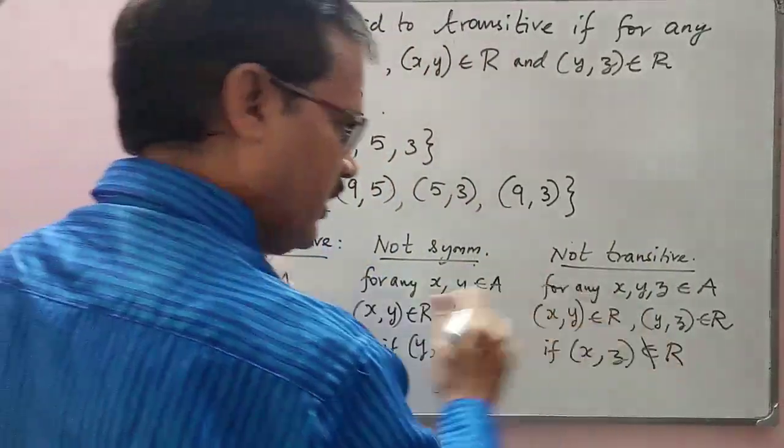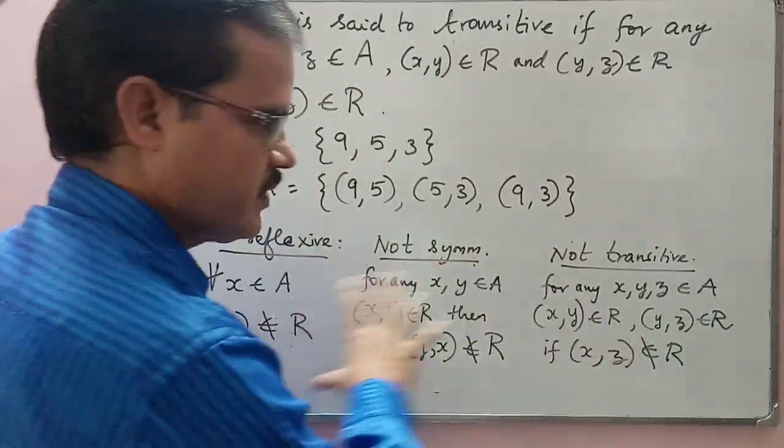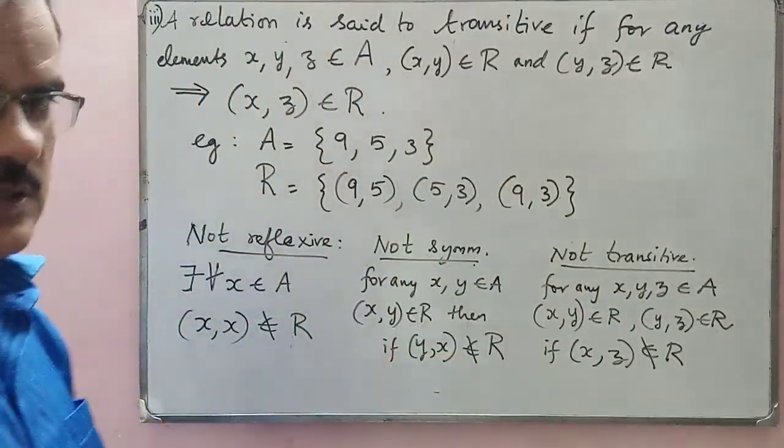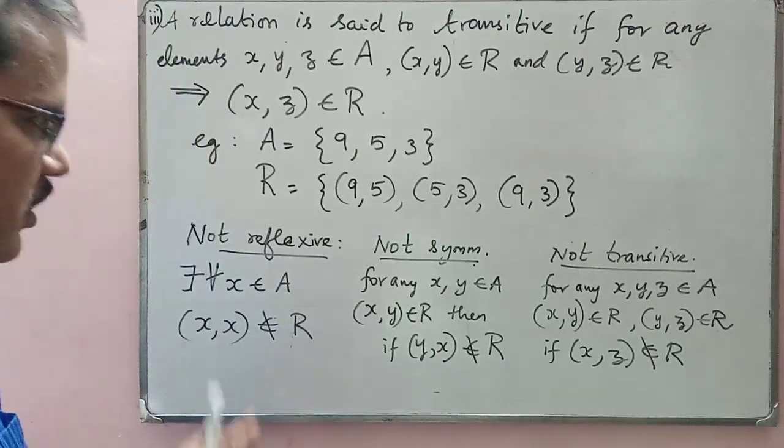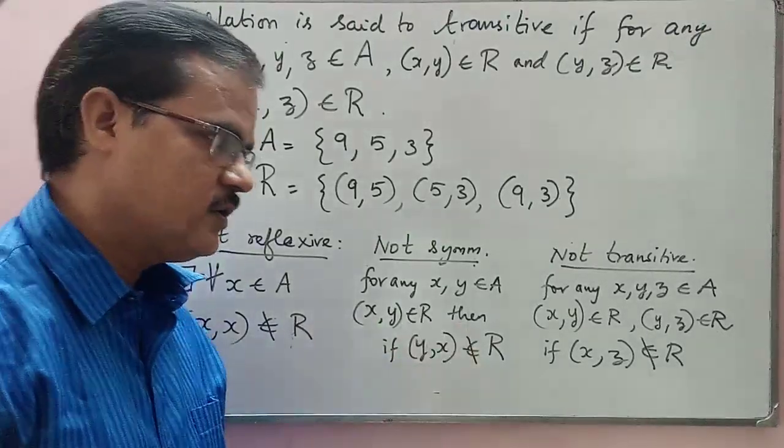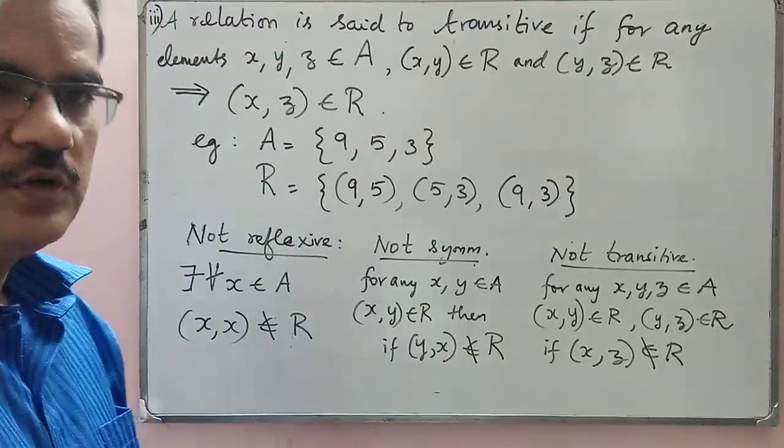This is the negative way of learning. Some students will understand in a negative way. That's why I showed this one. Okay. If you want to show not reflexive, not symmetric, and not transitive, this idea will help you to do that.